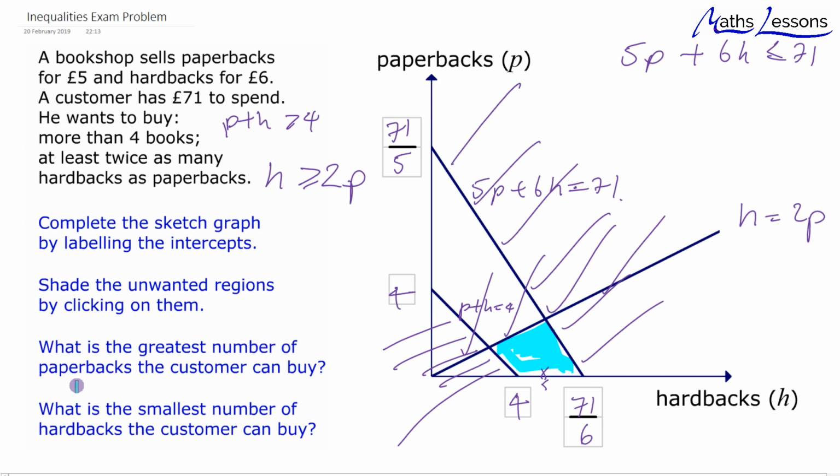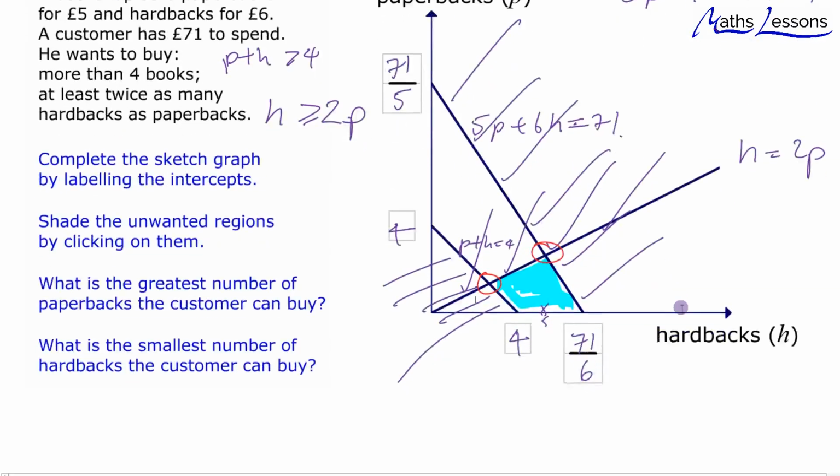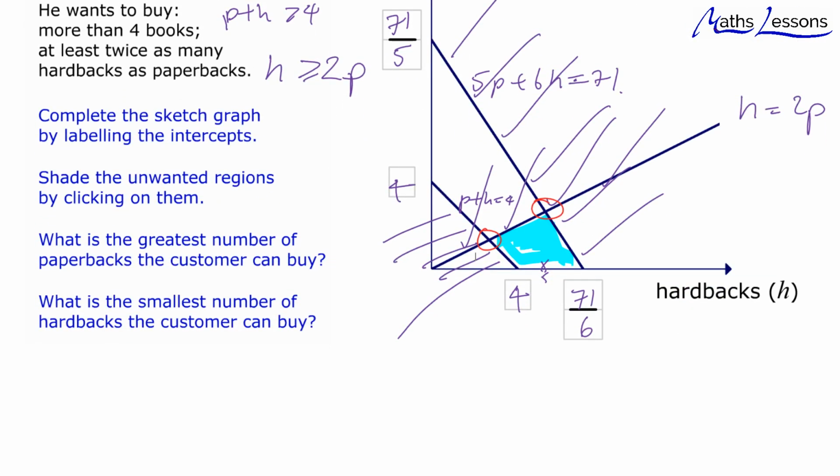Now, what is the greatest number of paperbacks a customer can buy? It is where these two lines cross. And what is the smallest number of hardbacks you can buy? Where these two lines cross, or as close to that as possible. So let's scroll down and solve those two equations to work it out. We've got 5p plus 6h equals 71, combined with h equals 2p.